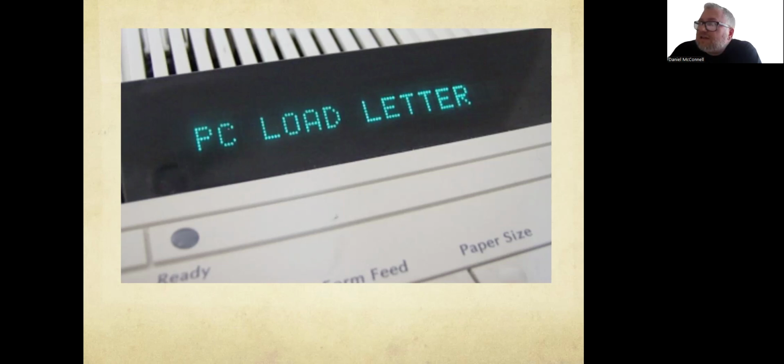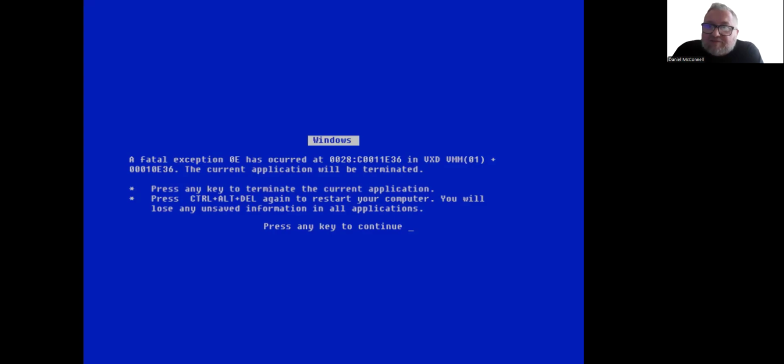Now, why not just say paper tray empty or add more paper? Those would be much more meaningful error codes, but whoever designed the original codes somehow thought PC load letter was the appropriate message to give to users. And for a lot of frustrated people who were the first adopters of standard office computers with printers, this was the bane of many people's existence.